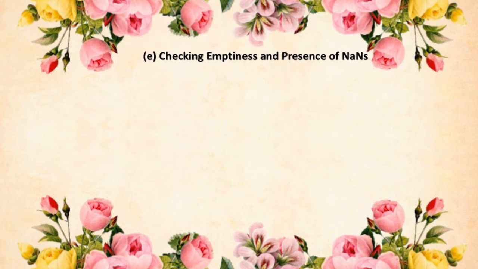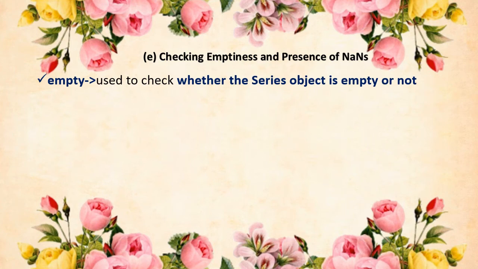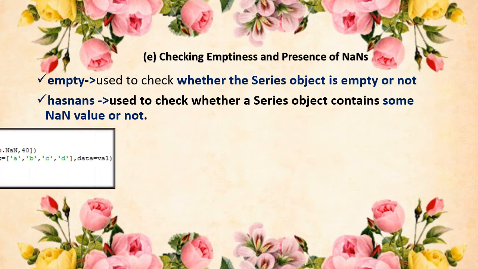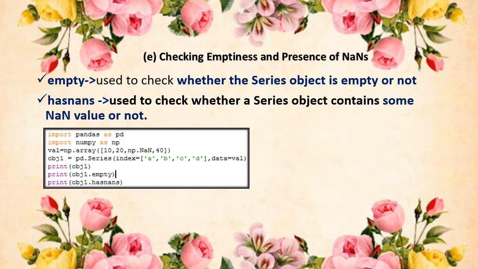And next we are going to check emptiness and the presence of not a number using the empty and hasnans attributes. Empty checks whether the series is empty or not, and hasnans checks whether the series has any not a number value or not. Here the series contains the values 10, 20, not a number, 40.